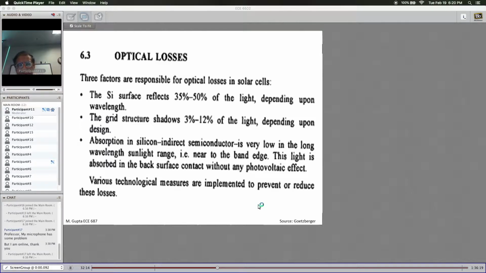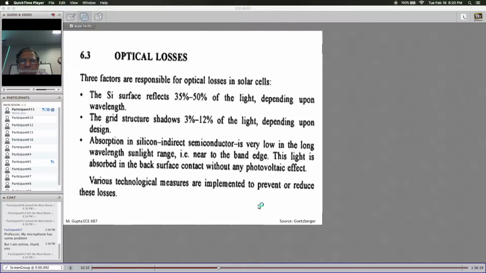Okay, what we were discussing so far is really how to improve the solar cell efficiency. To answer that question, we looked at what the losses are.